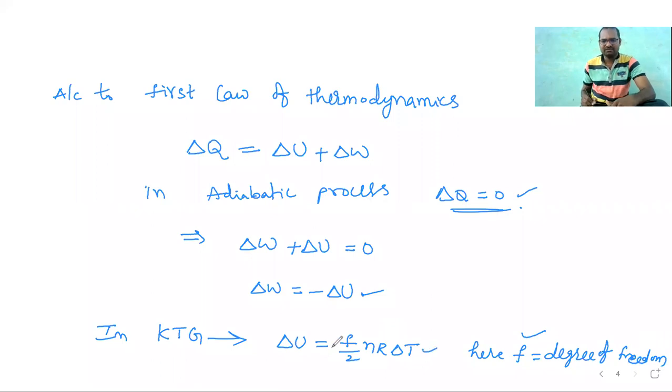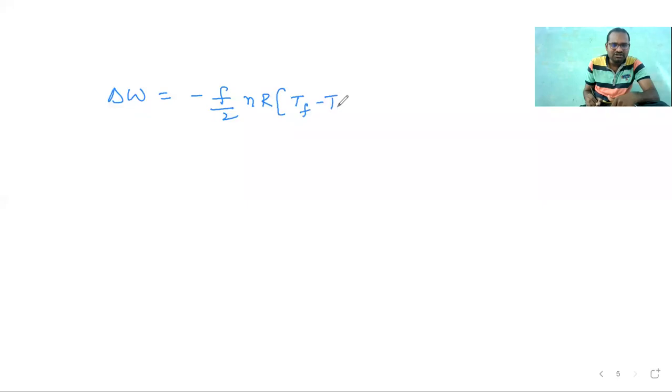Remember this one. So work done by a gas in an adiabatic process becomes minus F by 2 nR delta T. In detail, work done in an adiabatic process can be written as minus F by 2 nR delta T, where delta T is T final minus T initial.